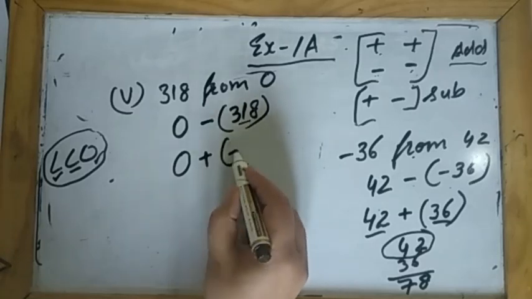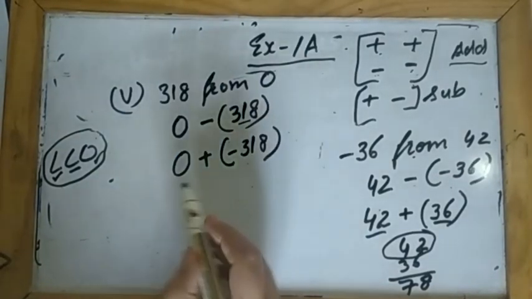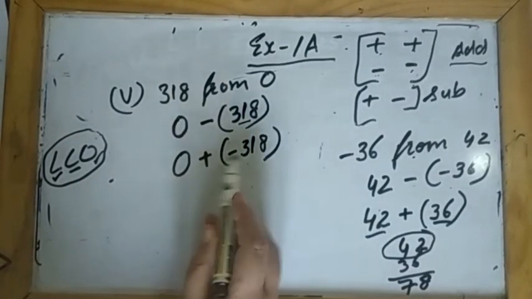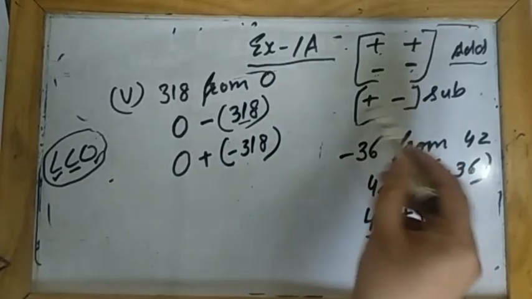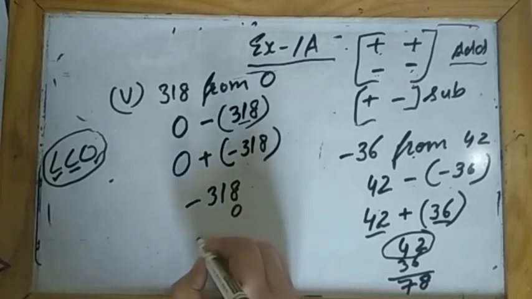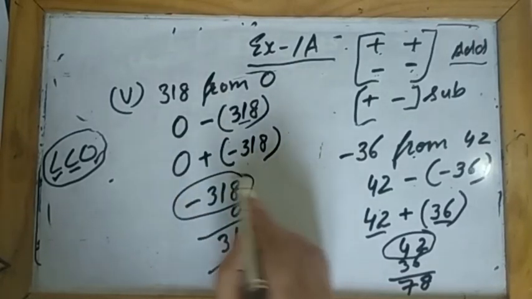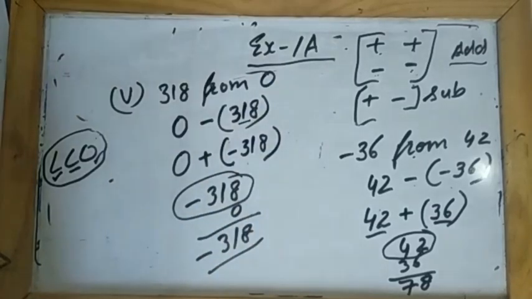It's a positive, so it will become minus 318. Now if you have to add one positive and one negative, you have to subtract them. But when I subtract 0 from any number, it's the same, and the sign is always of the bigger number, so it will be a negative 318.